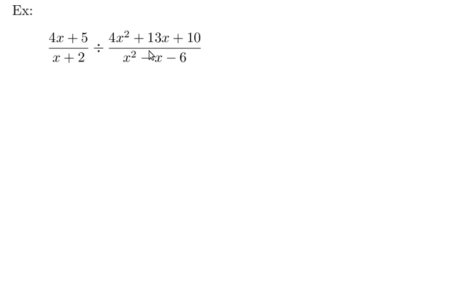Okay, 4x plus 5 over x plus 2 divided by this whole thing. And let me double check this to make sure this matches what I wrote down. Yes, that is correct.